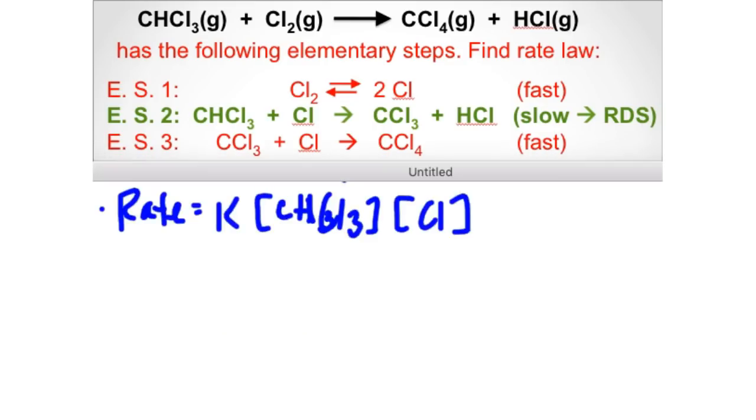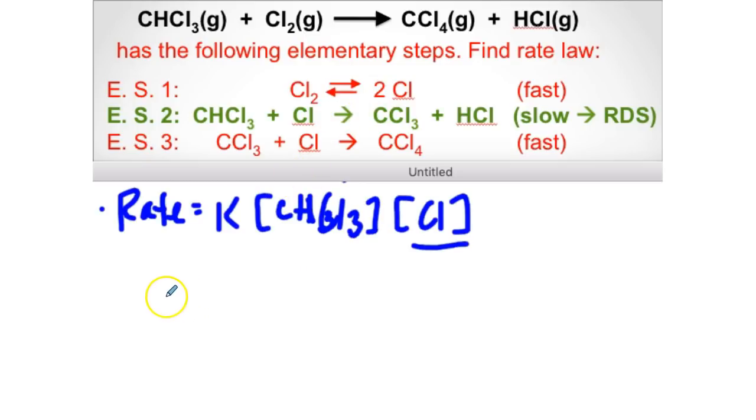So what we do when this happens is we have to use a little bit of substitution. We have to get rid of the Cl because it's not part of this. We want to substitute so that we get Cl2 somehow. And what you could do is use an equilibrium. Out of all the 3 steps, the only equilibrium I'm given is this first elementary step.